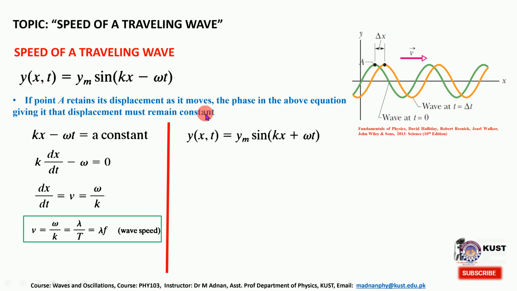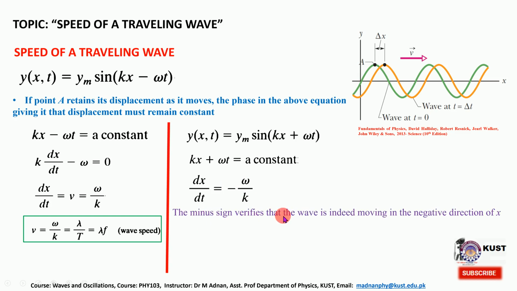Under the same condition, that is, the second snapshot is taken after delta t such that a spot is at the same amplitude, kx plus omega t, which is the phase, is a constant. Again, working out dx over dt, that will be minus omega over k. This minus sign now shows that the wave is indeed moving towards the negative x direction.